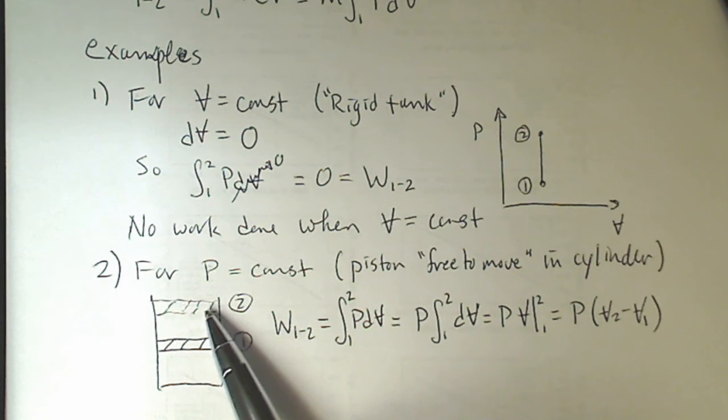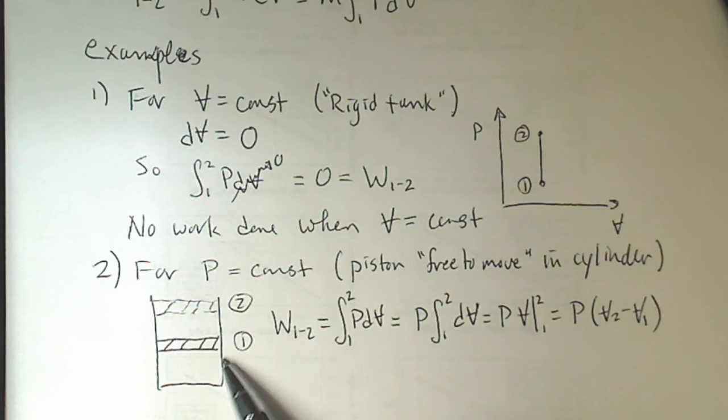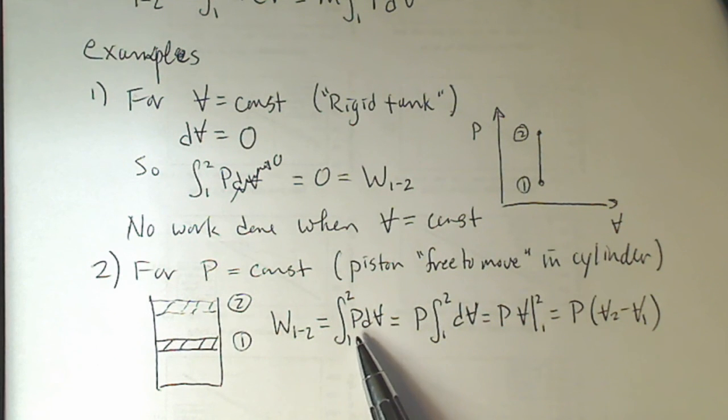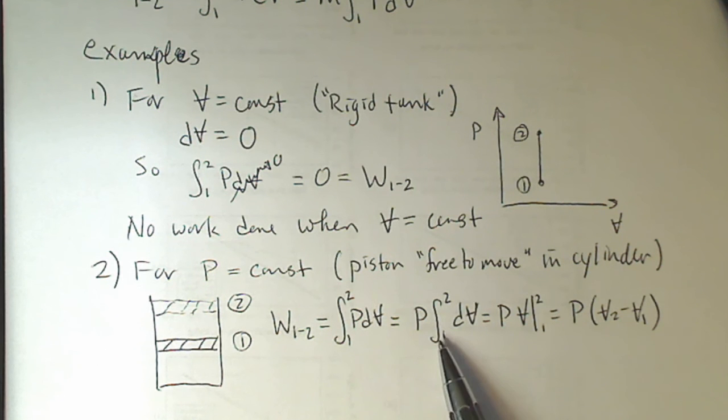Anyway, so if we expand from V1 to V2, then the work done in that process is just P times delta V.